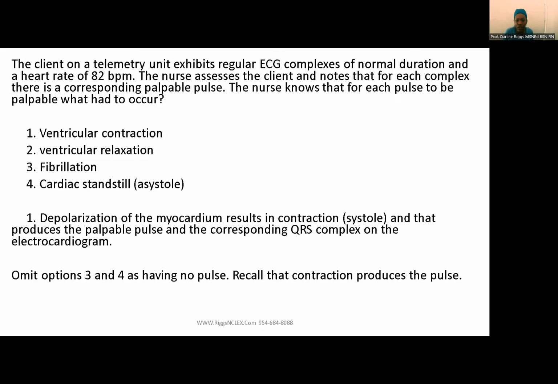Depolarization of the myocardium results in contraction, systole, and that produces the palpable pulse, and your QRS on your electrocardiogram. When the heart is fibbing, there's no pulse because it's fibbing. Okay.